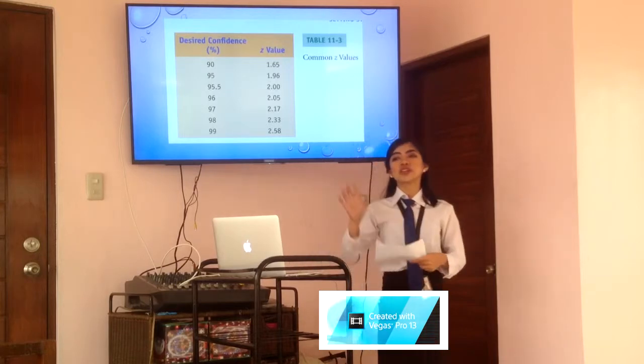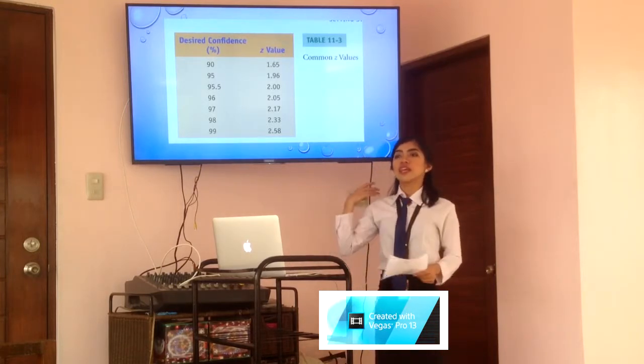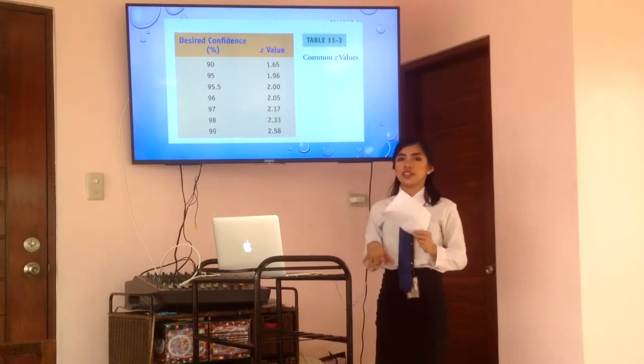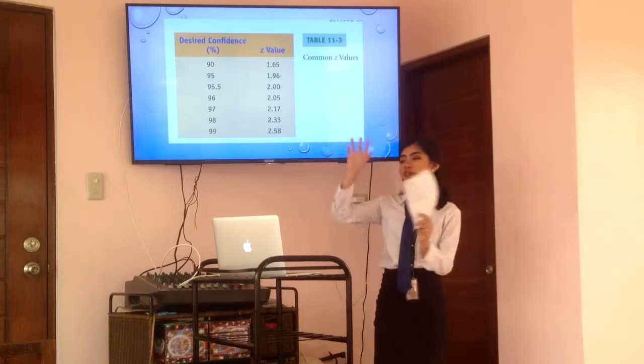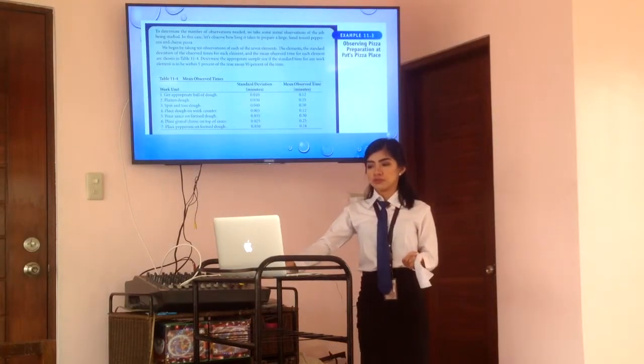So don't forget to know these Z values because they are already fixed. They cannot be changed. There is a computation for them, but we already have this table for use.